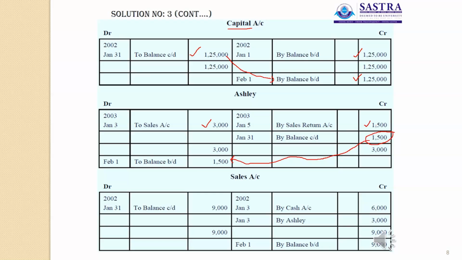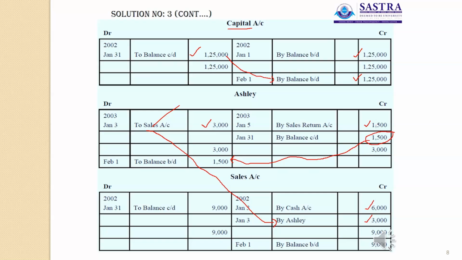Then the next account we have to prepare is the sales account. So January 3rd, cash sales rupees 6,000. Then goods sold to Ashley rupees 3,000. That is already recorded as a sales transaction in the Ashley account, so that account was recorded here too. So the sales account, by Ashley rupees 3,000.